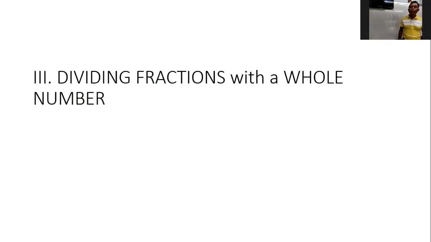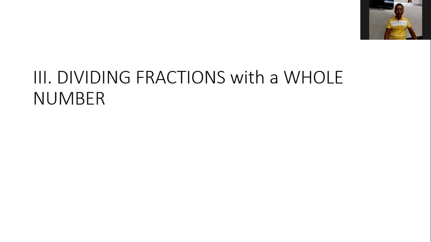Now let's move to dividing fractions with a whole number. The other day, when we had our multiplication of fractions, I always told you that we have to have a denominator of 1 for a whole number. When you have a whole number, imaginarily put a denominator of 1. Okay? Either in multiplication and also in division.